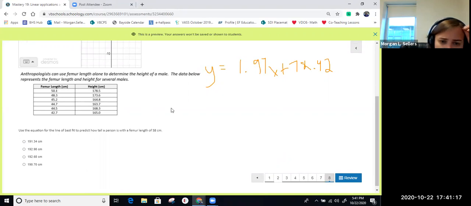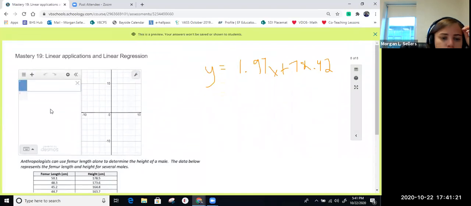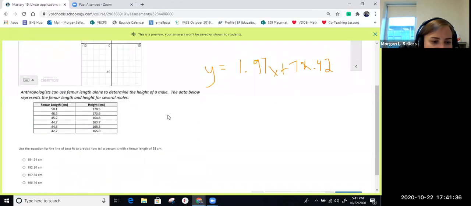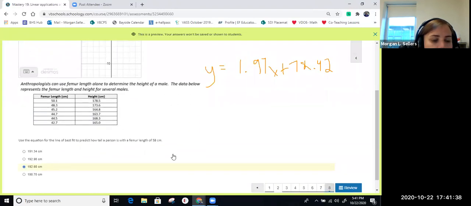So all we need to do is plug in 58 where our X is in the equation in order to find our height, which is Y. So 1.97 times 58 plus 78.42. Our answer is going to be 192.68.